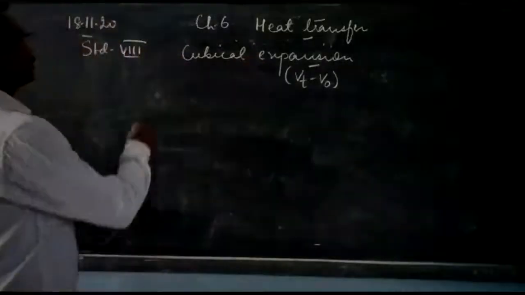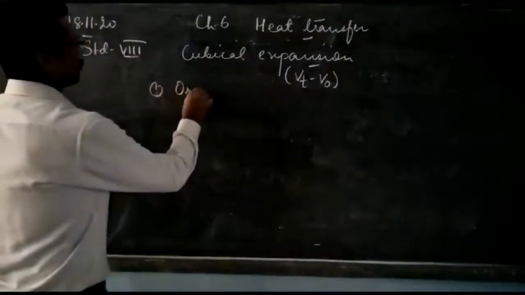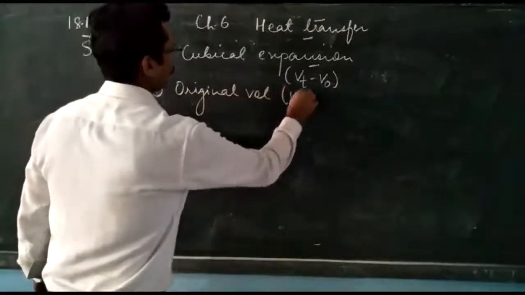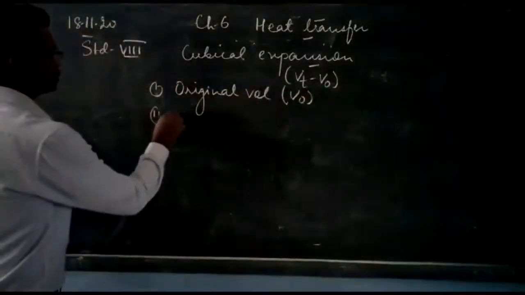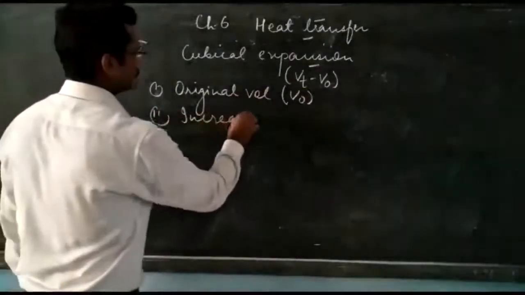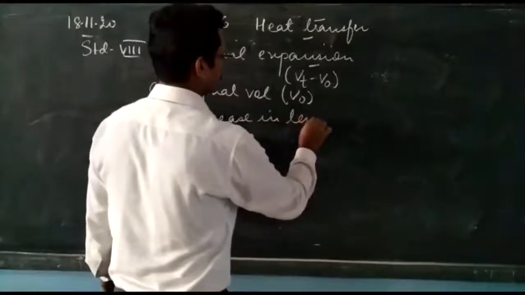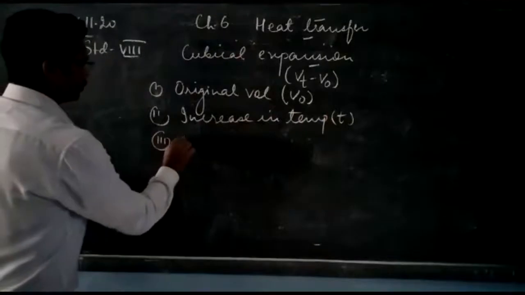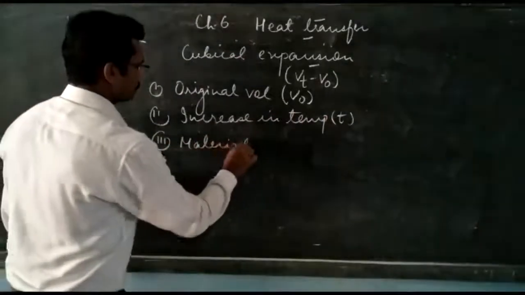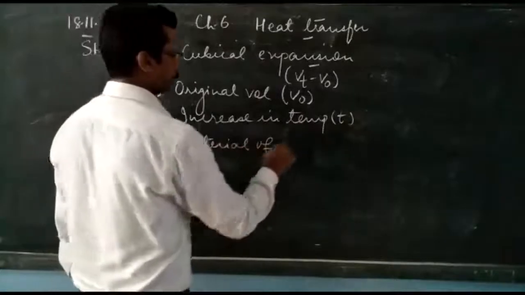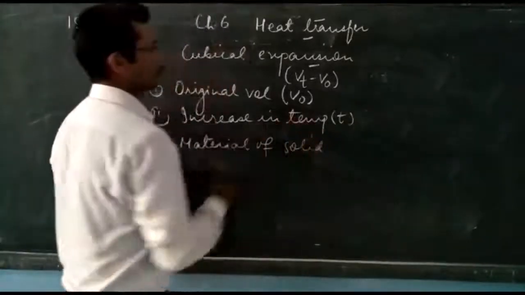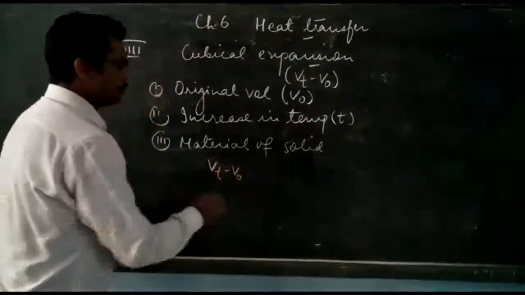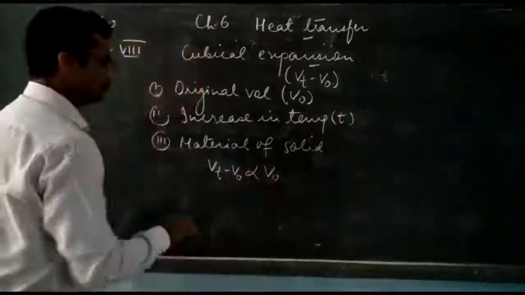Now, like other expansion, it also depends on original volume, which we call VO. It depends on increase in temperature, that is T, and it also depends upon the material of the solid. So we can write Vt minus Vo, that is increase in volume, is directly proportional to original volume.